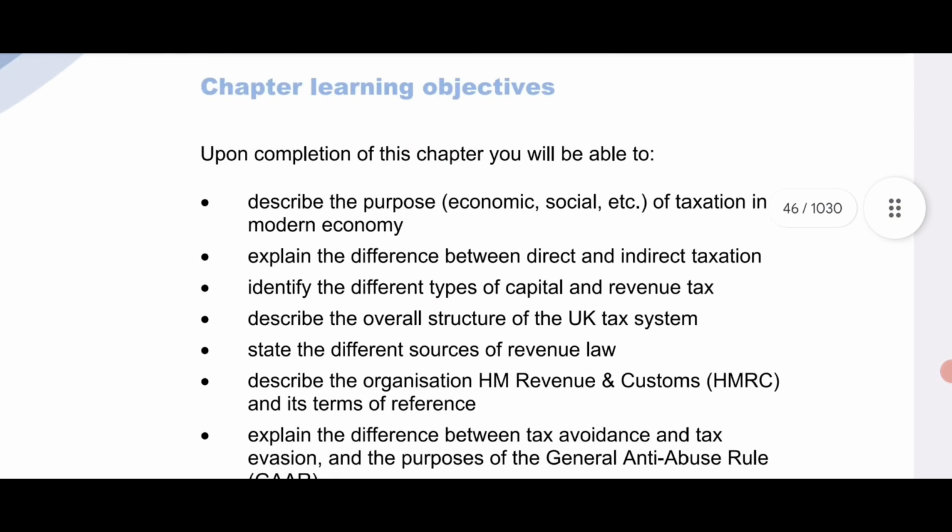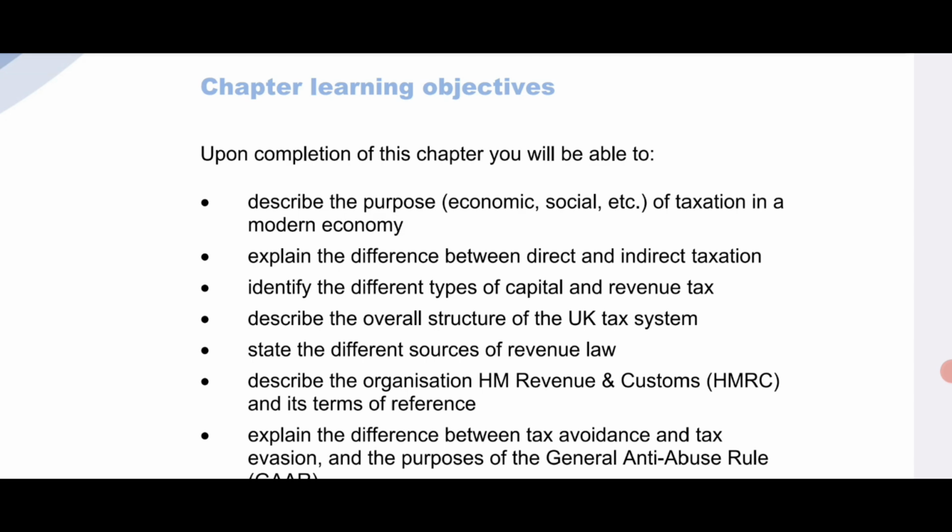The chapter objectives: the main economic and social purposes of taxation in the modern economy. As everyone knows, taxation is the backbone of the economy, its growth and development. Next, to explain the difference between direct taxation and indirect taxation, we will discuss in detail what direct taxation is. When we buy some products we pay tax, and when we buy through other resources.